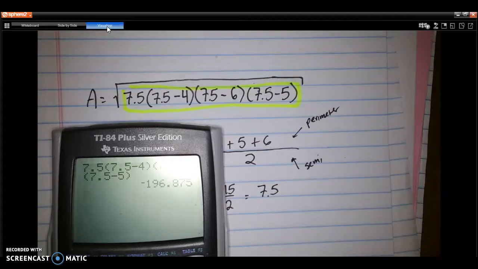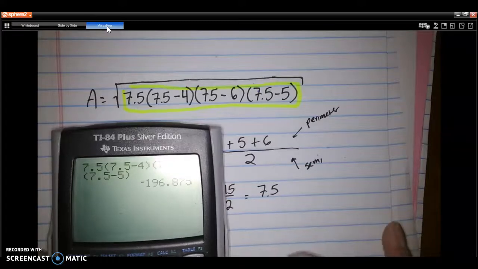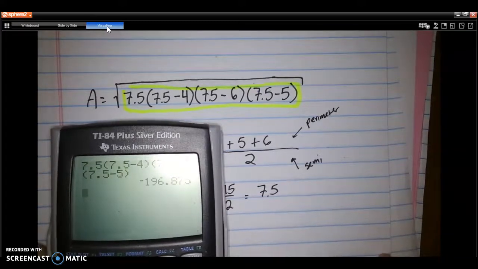What did I... 7, 5. Let me see what's going on here, because that is definitely not correct.